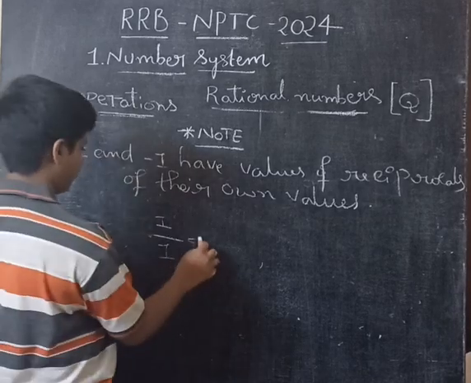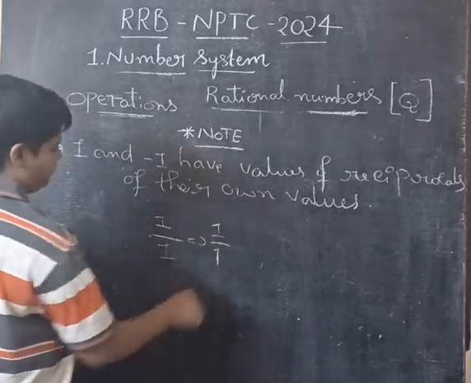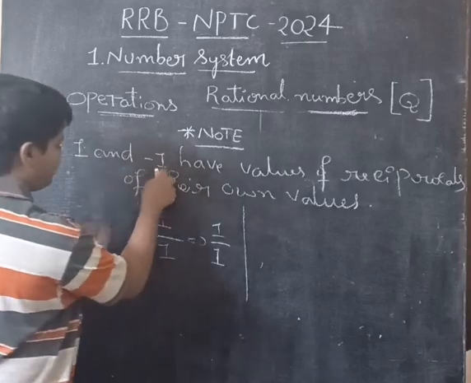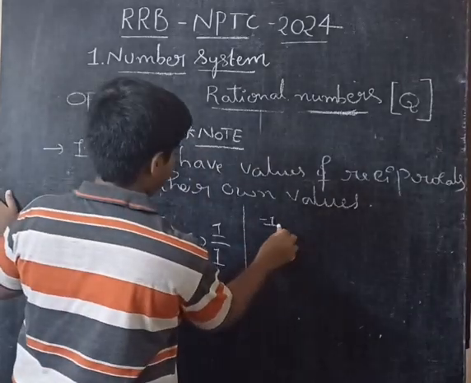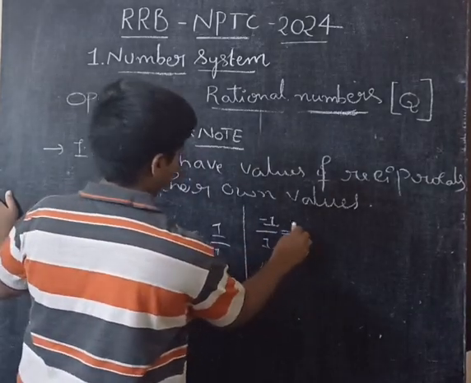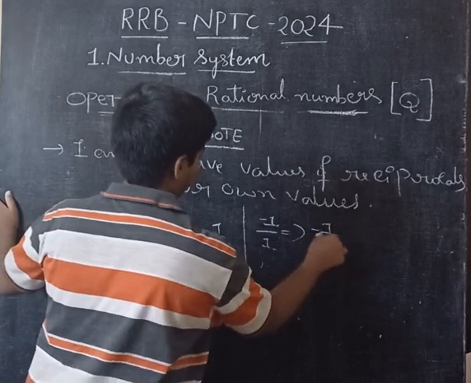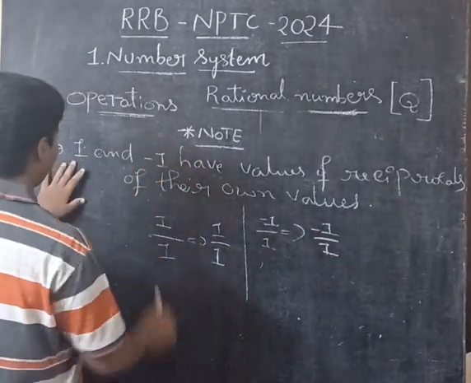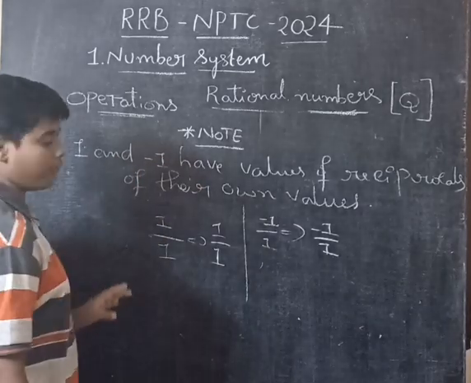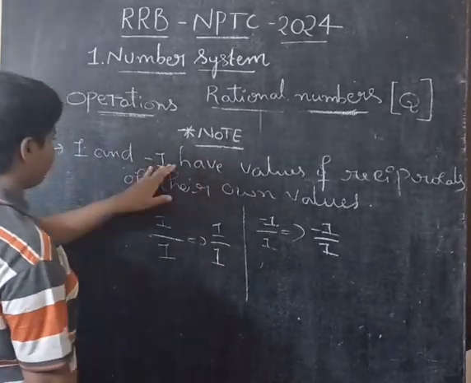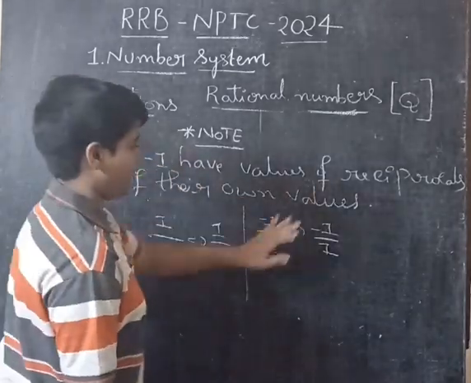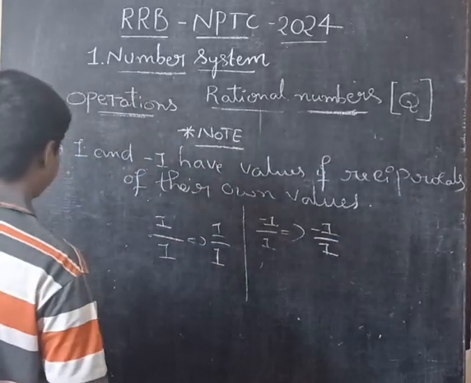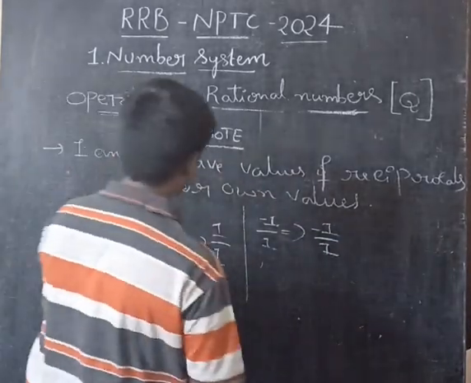So the reciprocal is nothing but 1 by 1 only. If I write the reciprocal of minus 1 by 1, there is no change in the reciprocal values of 1 and minus 1. So we can say that these two numbers have their own values as their reciprocals. So this is one of the points.